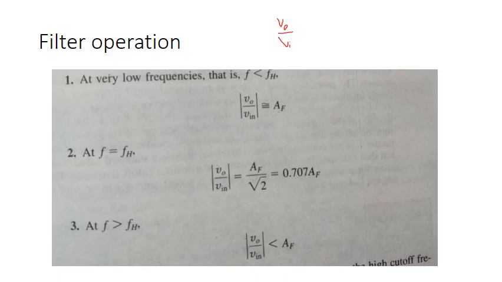So it is AF into F by FL divided by the square root of 1 plus F by FL, the whole square.